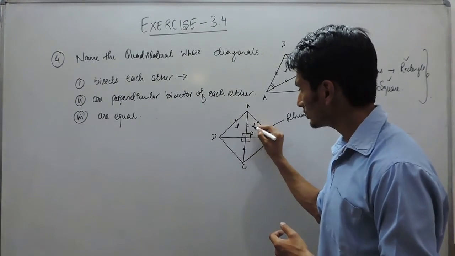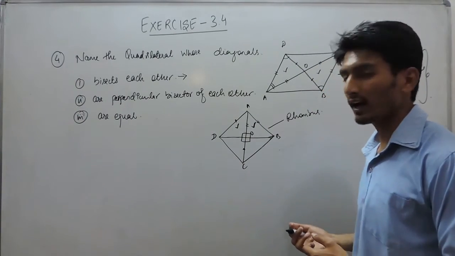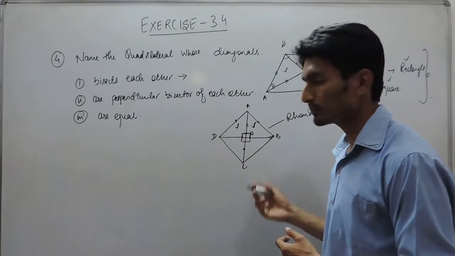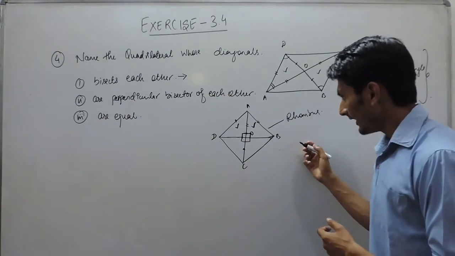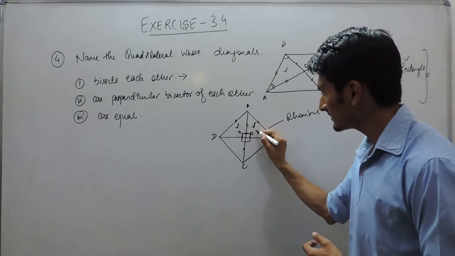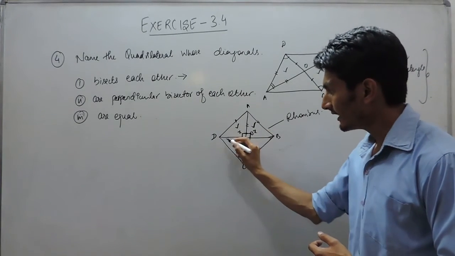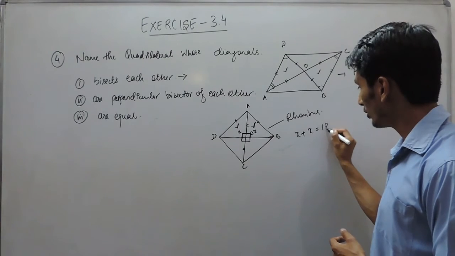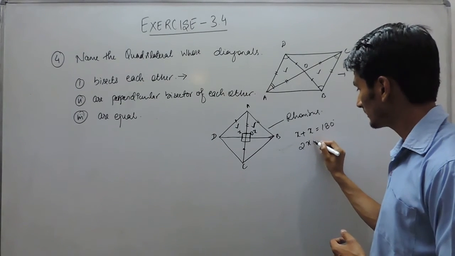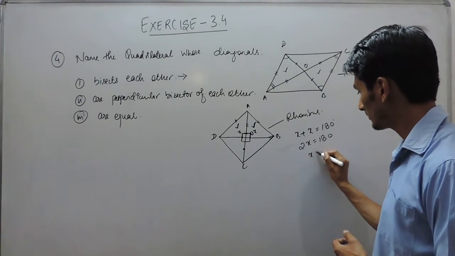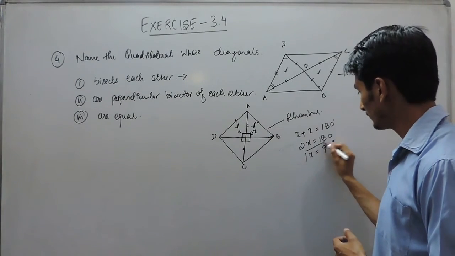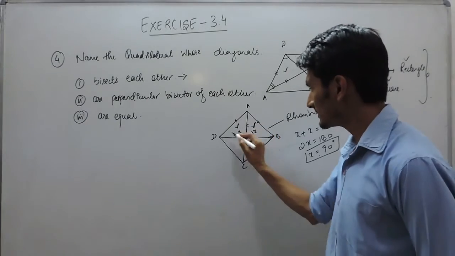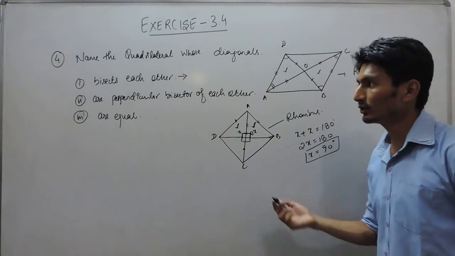And if these two triangles are congruent, this angle and this angle must be equal. If this angle is x, this angle must be x, and we know that on a straight line, the sum of all the angles must be 180 degrees. So the value of x must be 90. So these diagonals bisect perpendicularly.